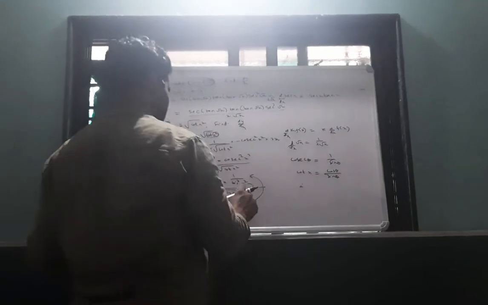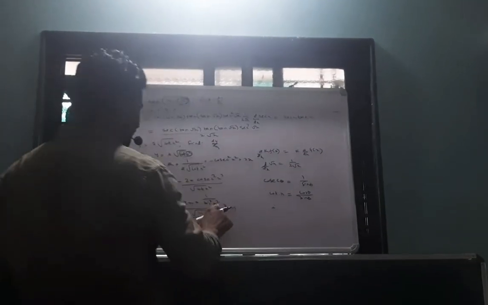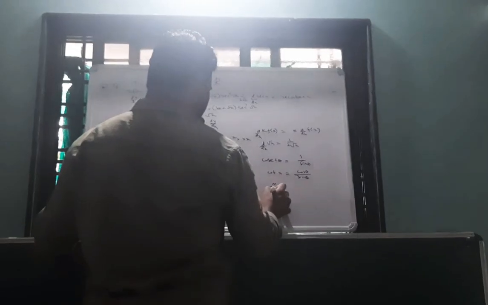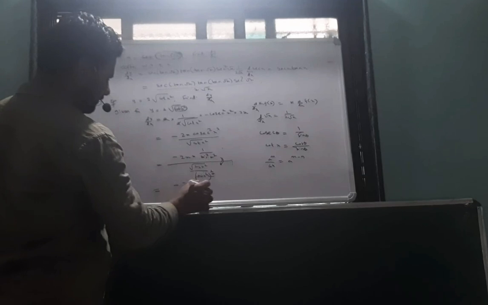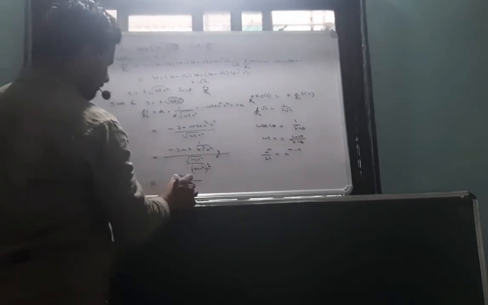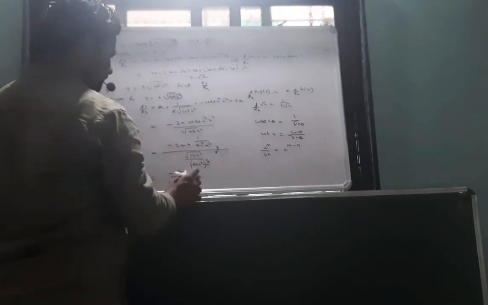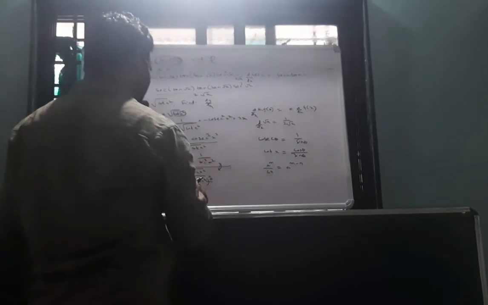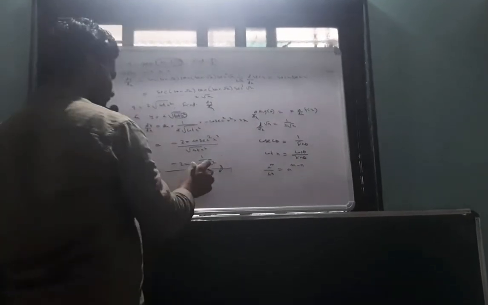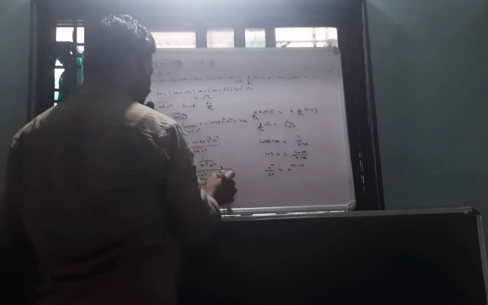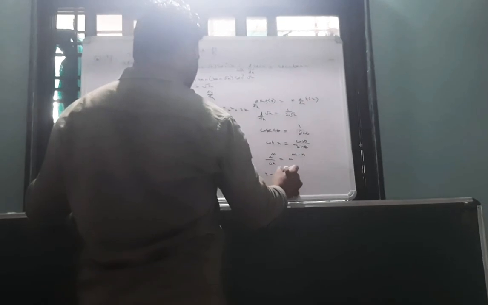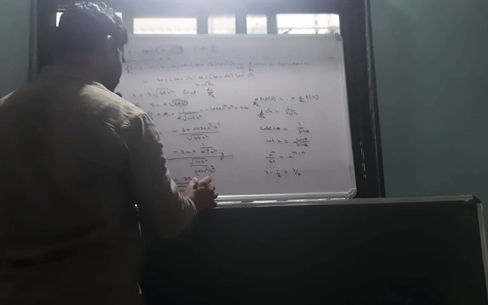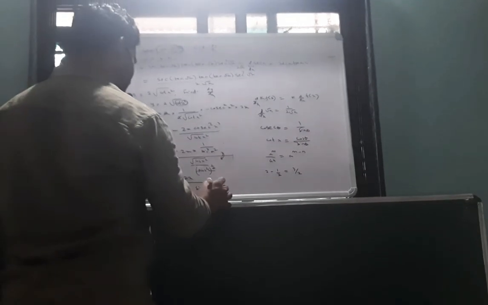Otherwise, you can take sin square x square divided by sin x square whole raised to 1 by 2, using a raised to m divided by a raised to n equals a raised to m minus n. You can write minus 2x divided by root of cos x square into sin square x square divided by sin x square whole raised to 1 by 2. Here the power is 2, here the power is 1 by 2. Subtract this: 2 minus 1 by 2 is 3 by 2. So we can write this as sin x square into root of sin x square.